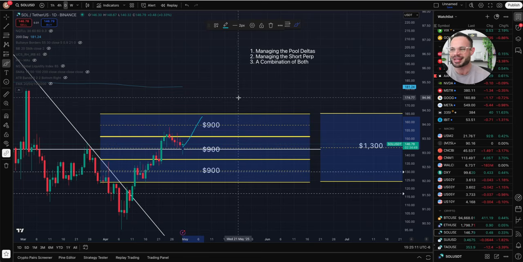What that means is because we're owning less and less Solana across the pools, we're becoming less and less long in our overall pool strategy, and we're essentially becoming net short Solana.